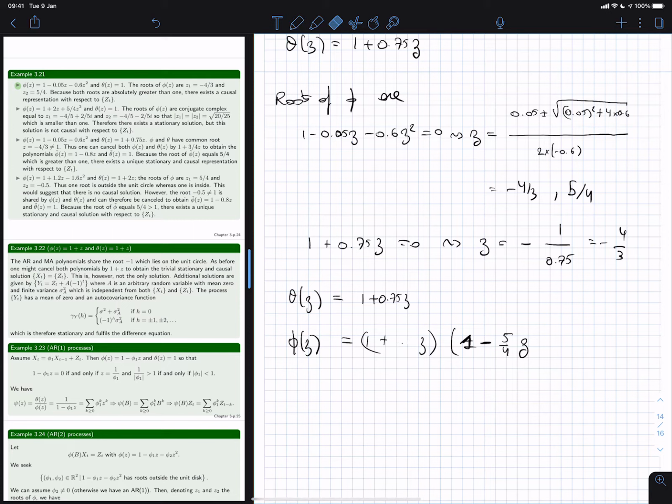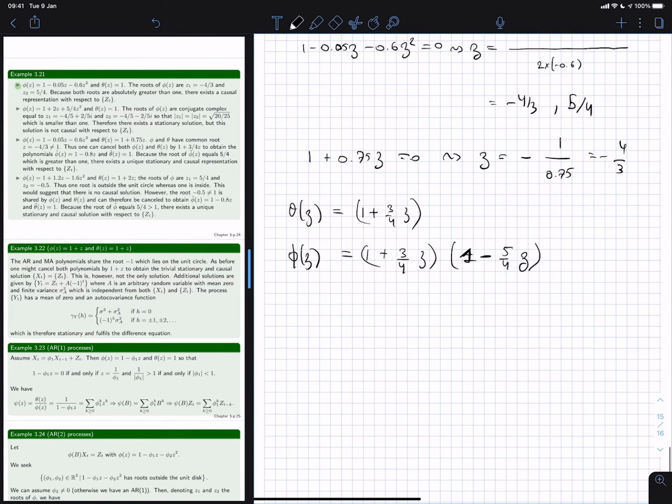Does this look okay? I think that's okay. Therefore our equation can be simplified because you have the same pre-multiplying polynomial here.